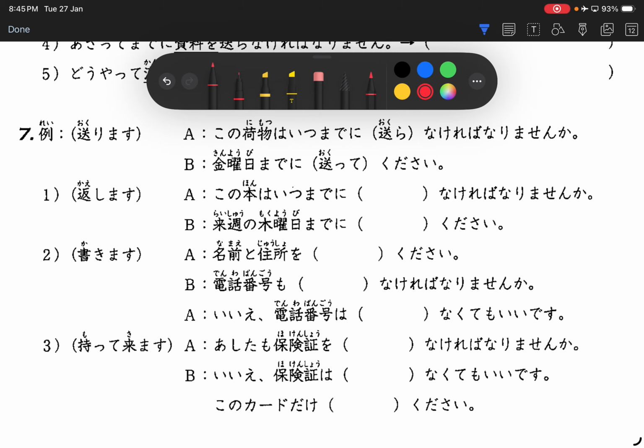If you want to read this, you have to practice a lot of times. 書かなければなりませんか, if you want to say it very fast, you need to practice. Next one. Oh, we still have one more. いいえ、電話番号は... Yes, Winnie. See the なくても, な is the ない form. 書かなくてもいいですか。The negative form is the ない form.